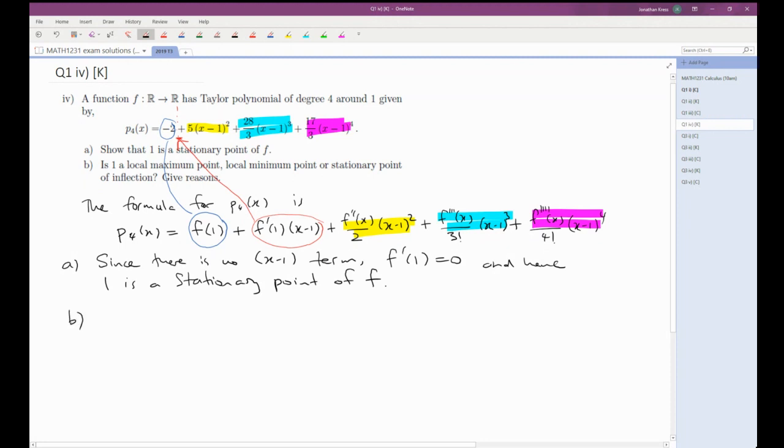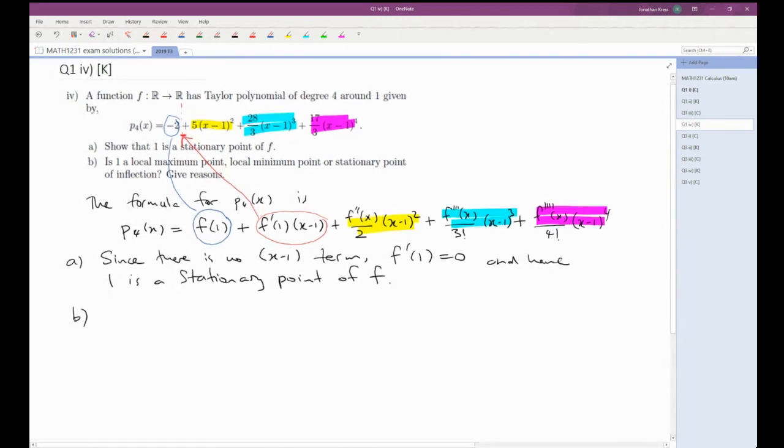Okay, so part B, is 1 a local maximum, local minimum, or stationary point of inflection? Give reasons. You know that there is a second derivative test for stationary points that you probably should have seen at high school. We've extended that to higher orders in MATH1231. But all we need here is just the usual second derivative test, and so that involves looking at the second derivative.